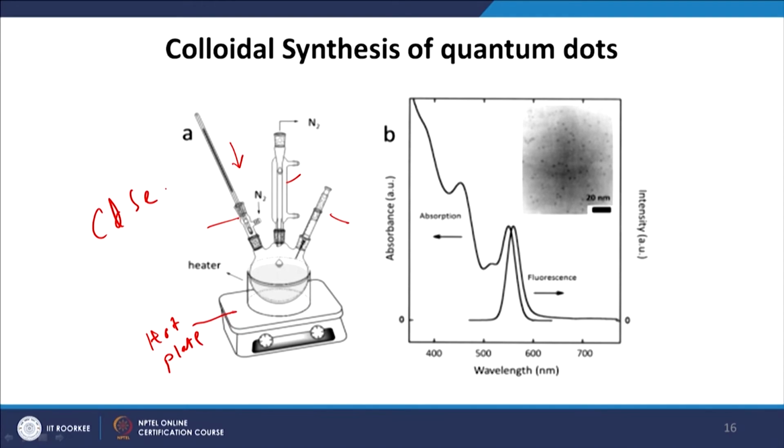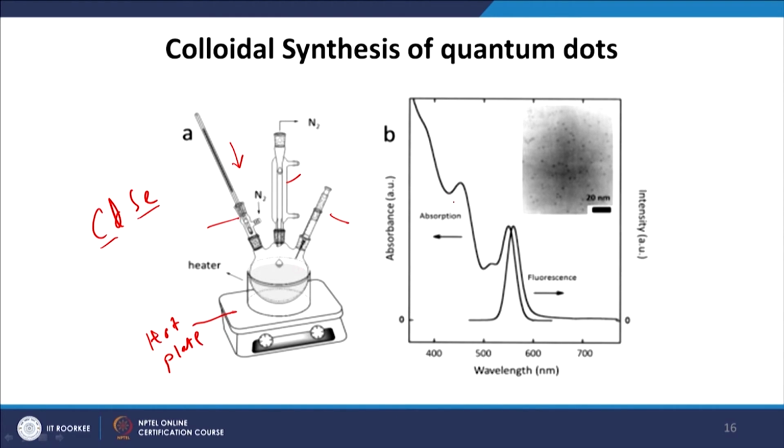I have to choose a precursor for cadmium and a precursor for selenium, and these precursor materials are injected from one of these inlets, and then nitrogen is bubbled, and we precisely control the temperature using this hot plate. Then within a certain interval we take out the dispersion and cool it down, and depending upon the time interval you allow the reaction to proceed, you can have different size distributions in the quantum dot. For example, here we are showing a particular size distribution for the quantum dot.